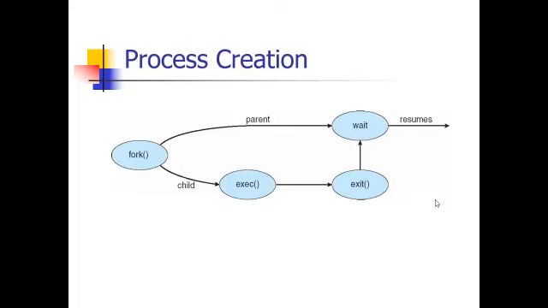For an example, as I explained earlier, saving a file. Until the file is saved, the parent process cannot complete, so it has to wait. When the child process completes its execution, it can call the exit function, then the parent can start its execution, or it can also terminate.